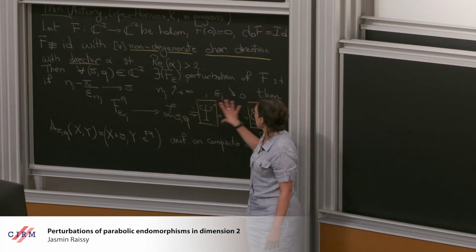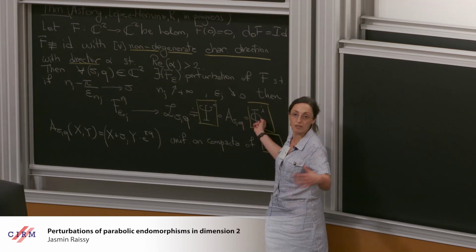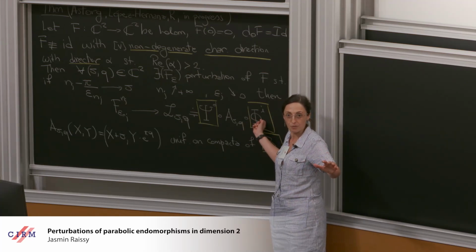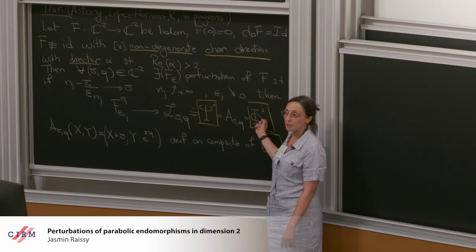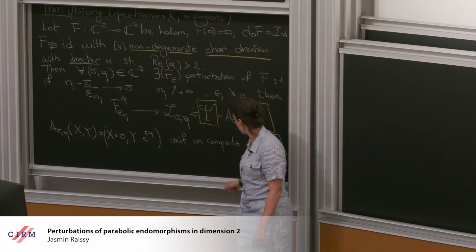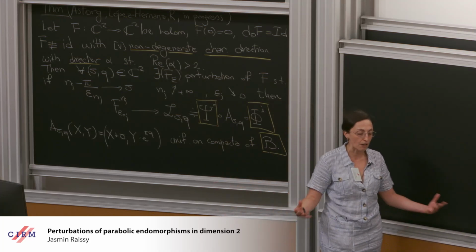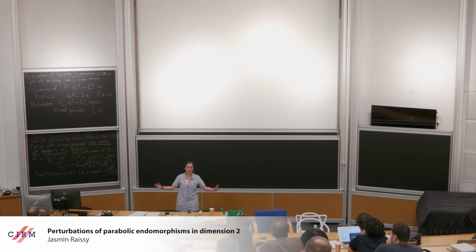And I have these 2 maps, okay? So let me give names. I will get back to it, don't worry. This will be the incoming Fatou coordinate, this will be the outgoing Fatou parametrization, and so this convergence is locally uniform on compact subsets of the parabolic basin of F.